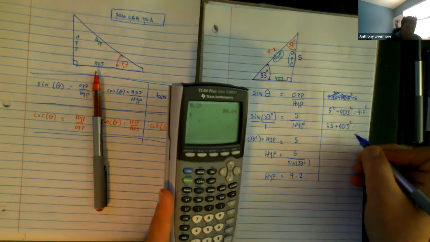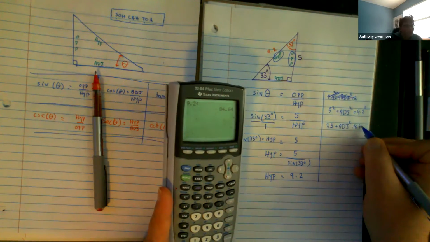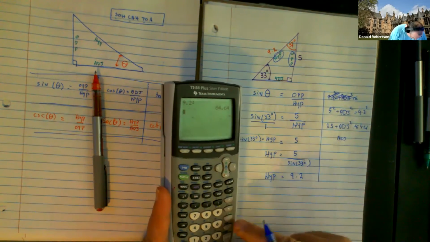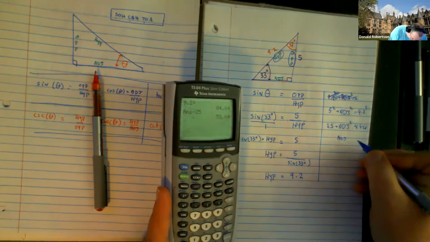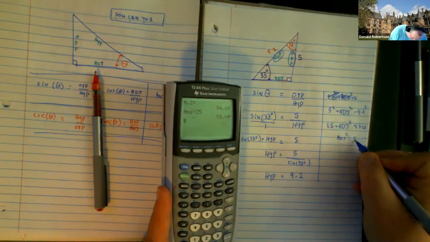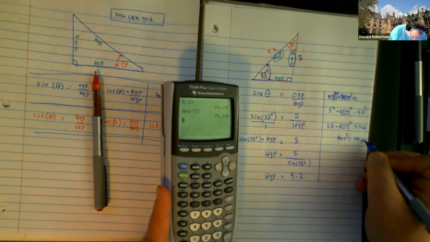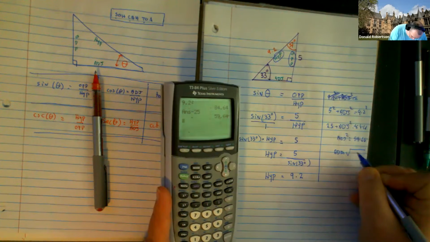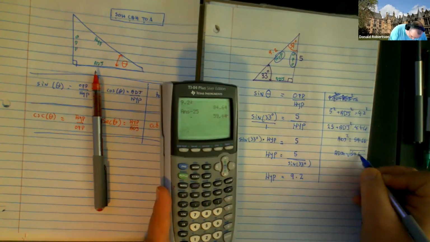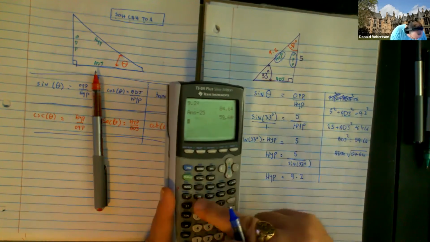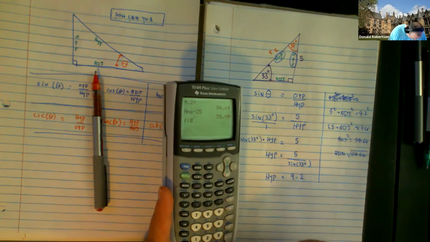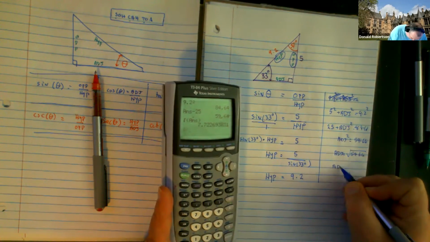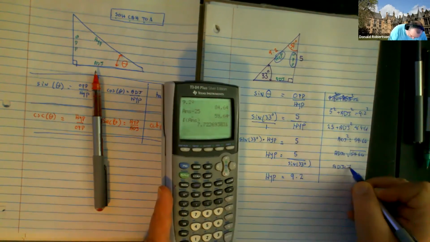And I get 84.64. Yeah, that's what I get. And so the adjacent squared is that, take away 25, which is 59.64. So the adjacent will be the square root of 59.64. And I get, to 1 decimal place, 7.7.